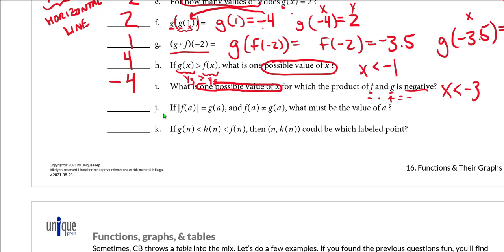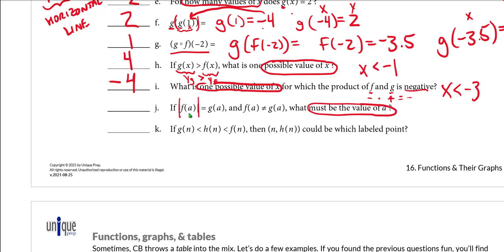Here's where we get some very tough questions. So J here, if the absolute value of f of a equals g of a, and if f of a does not equal g of a, what must be the value of a?